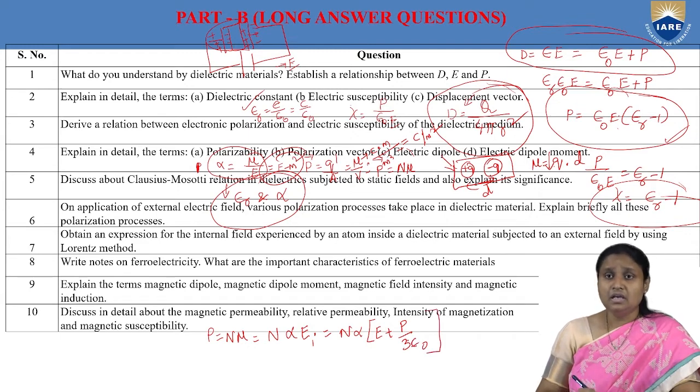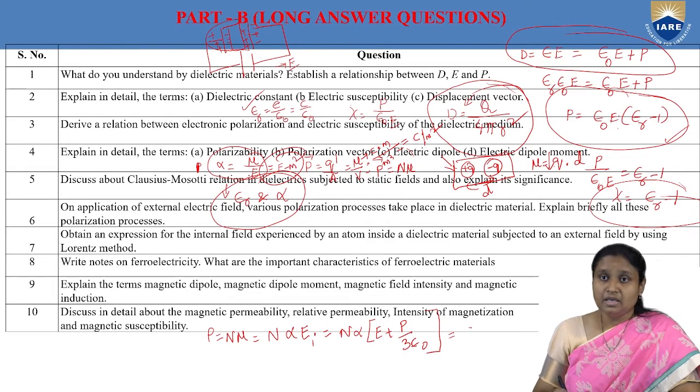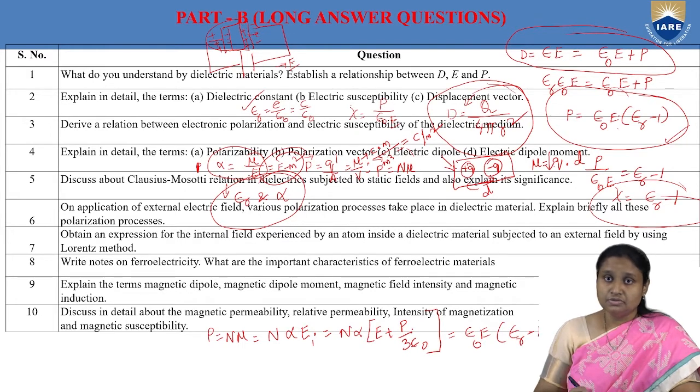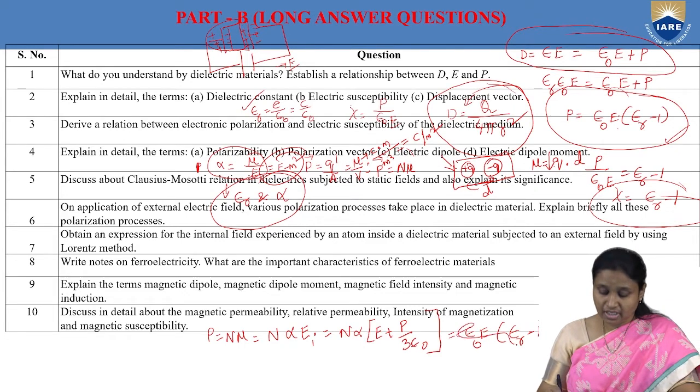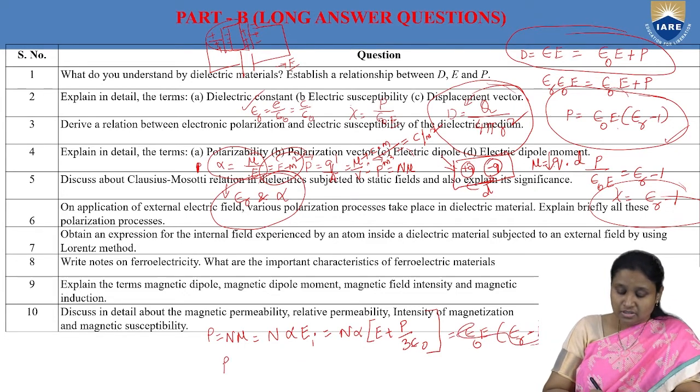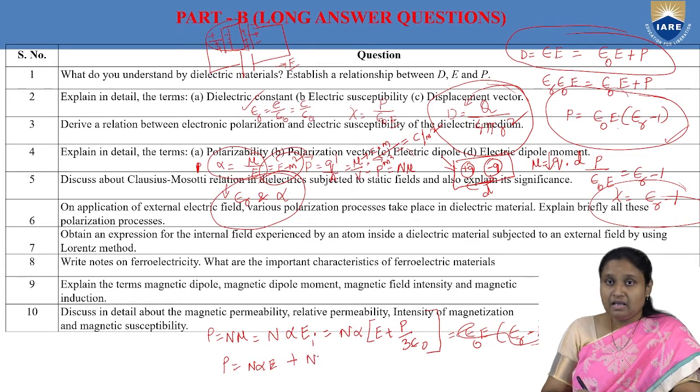Then next, I'm going to make use of the relation epsilon naught E into (epsilon r minus 1). But first we have to simplify this equation. So P is equal to N alpha E plus N alpha P by 3 epsilon naught.